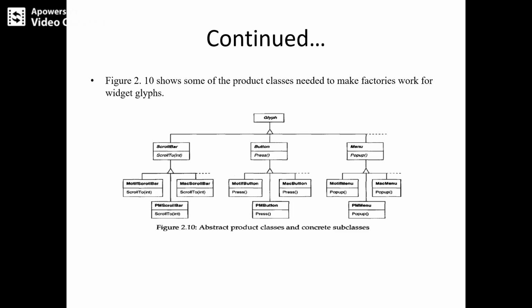Another thing: if the look and feel is known at compile time, then the GUI factory can be initialized with a simple assignment of a new factory instance at the beginning of the program.